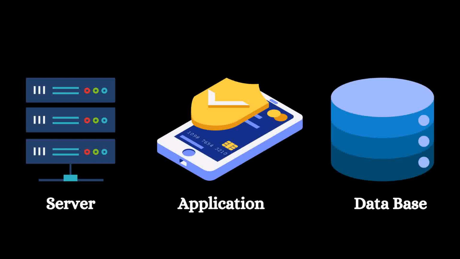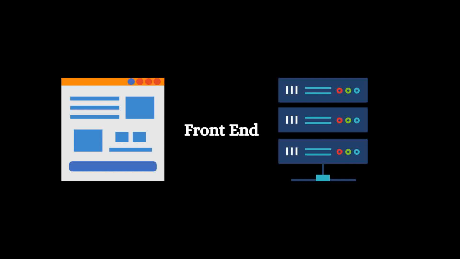Now I know that I keep talking about this idea of web application, and the reason for that is because so far we have been building websites that only have a front end, that are essentially web pages.